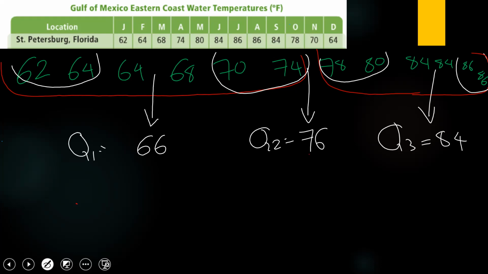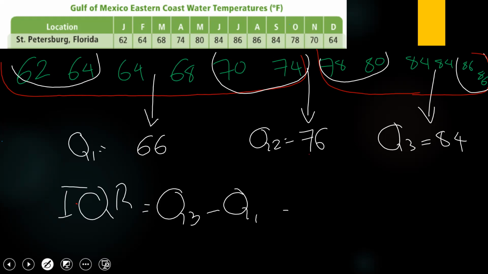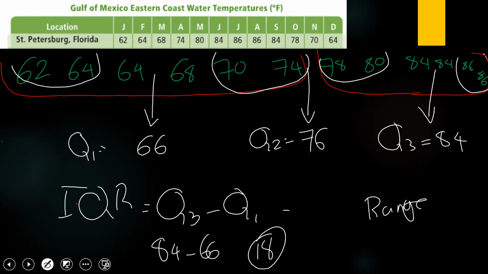Now, let's find the interquartile range. It will be Q3 minus Q1, 84 minus 66. So it is 84 minus 66, sorry, which is equal to 18. And we found also the range, which is 86 minus 66. The greatest minus the lowest, which is 20.